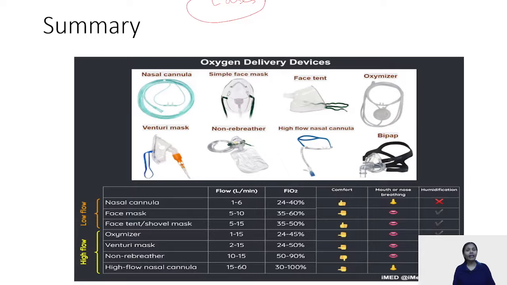The fresh gas flow plus the air entrained is the total flow rate delivered to the patient. I hope I've made myself very clear because numericals come out of it.